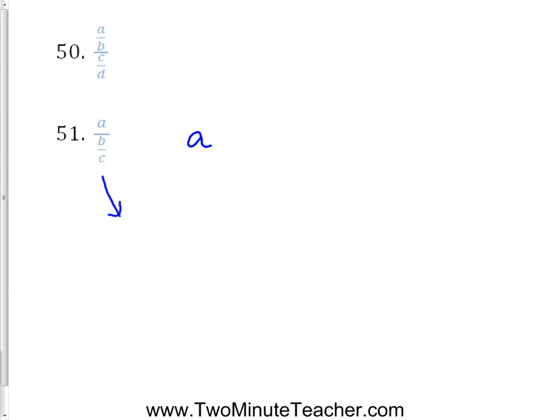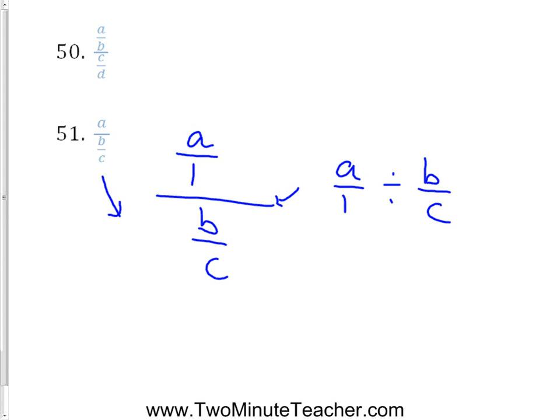So I'm going to rewrite that as A over 1 over B over C. And then it's just like the one we just did above, where instead of saying a fraction bar, I'm going to say A over 1 divided by B over C. Okay, all I did is rewrite it, and now I'm going to rewrite it again. A over 1 times, flip this over, C over B, and then my final answer is AC over B.